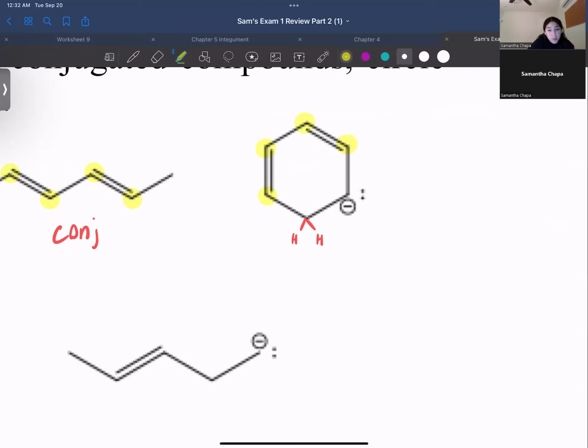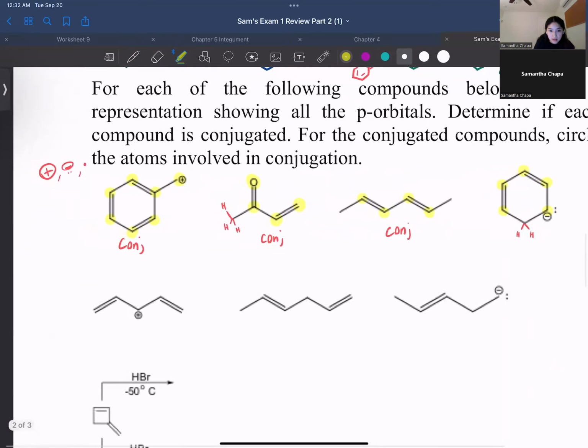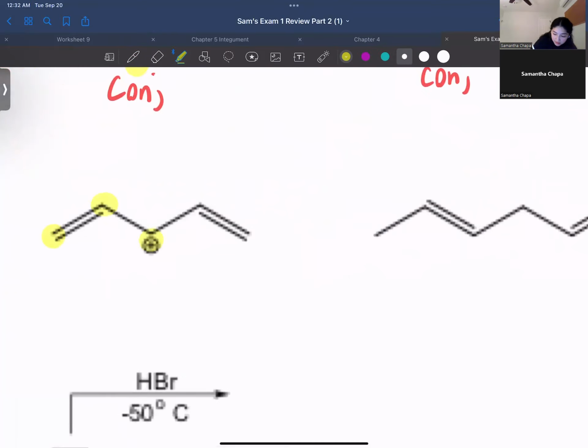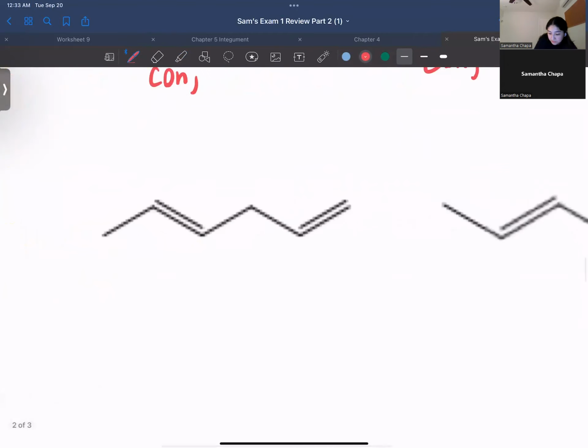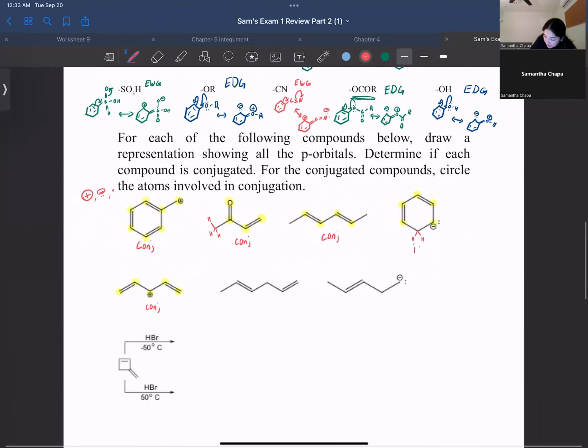And again, carbanions are sp2 as well, because those lone pairs are able to resonate. Then I go down here, highlight all my sp2 atoms. We're completely conjugated here. All of my compound is conjugated. I'm going to call this one isolated. There you go.